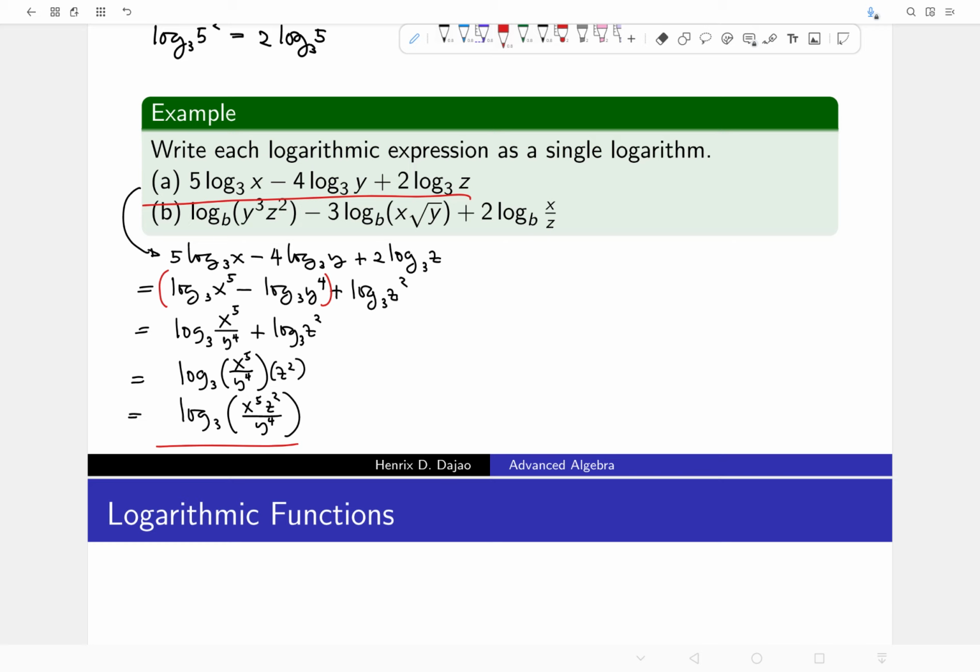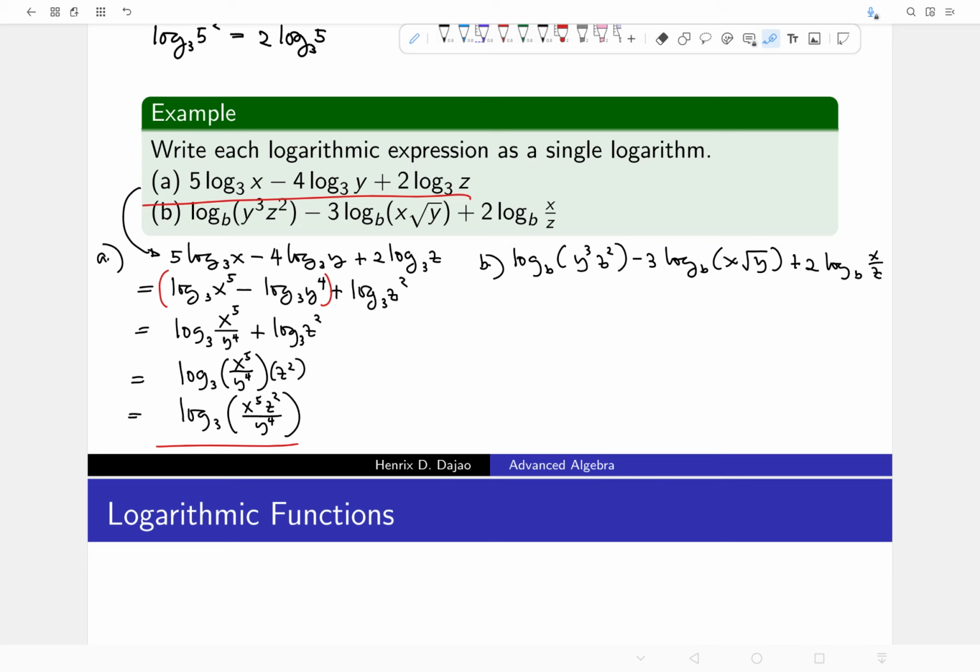Similarly, for letter B, we will do the same. We will apply the properties. So this is A, this is B. So first we will arrange.